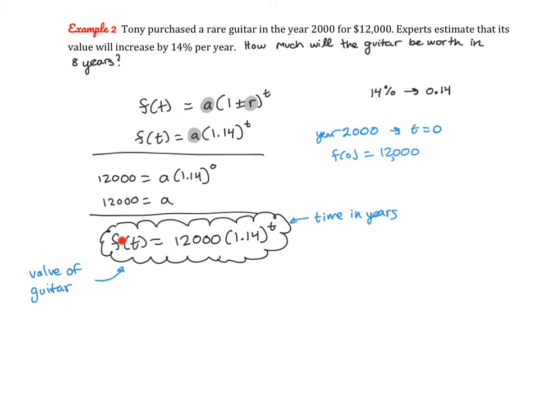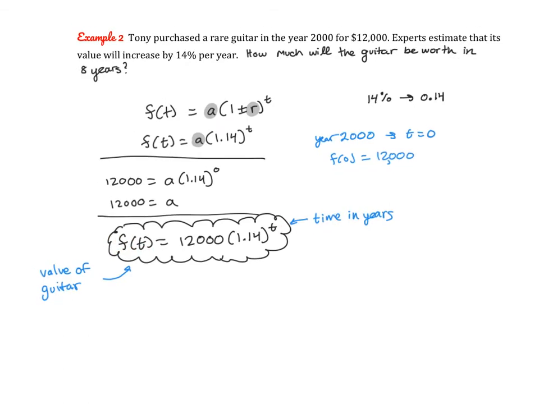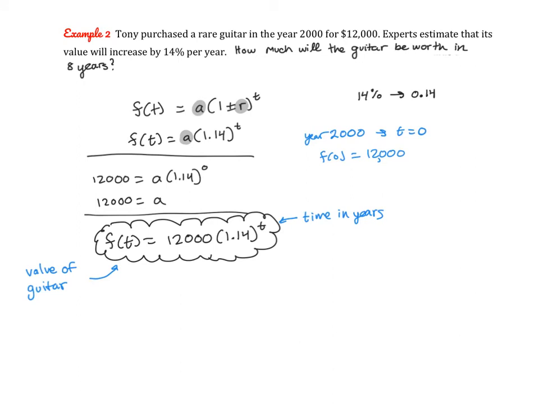So this function tells us the increased value as time goes by. They were asking, how much will the guitar be worth in 8 years? So they're essentially asking us to find f of 8. So we do 12,000 times 1.14 to the power of 8.